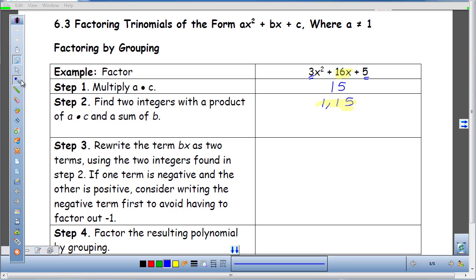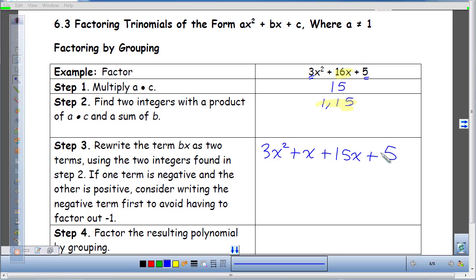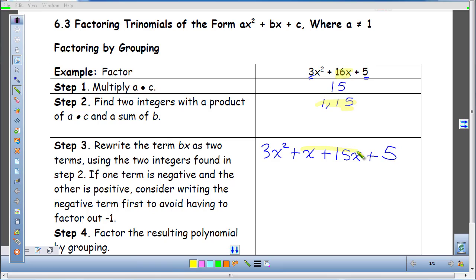We get 3x squared plus x plus 15x plus 5. So 16x we've now written as x plus 15x. And now we can factor by grouping.